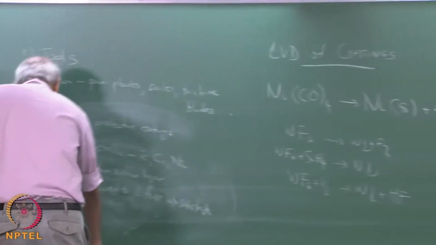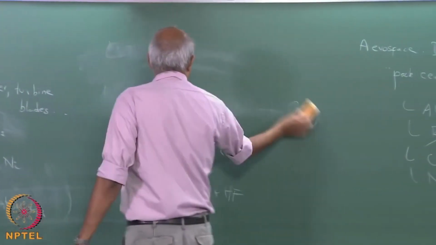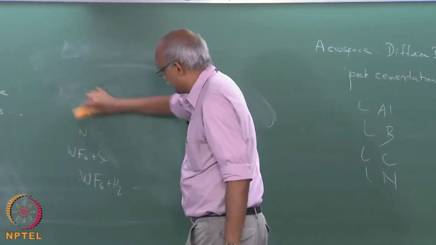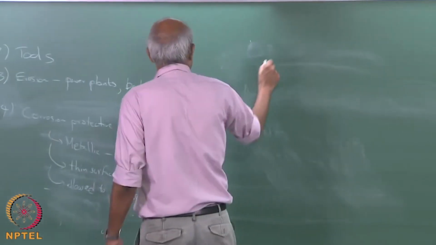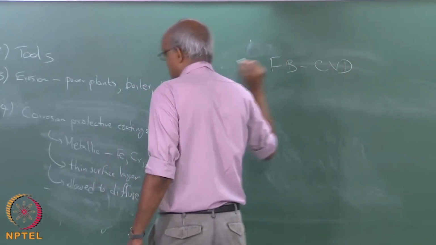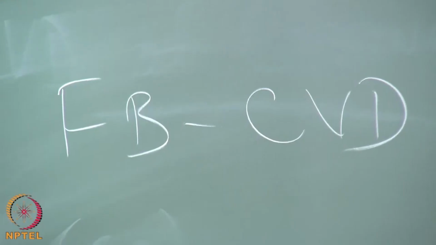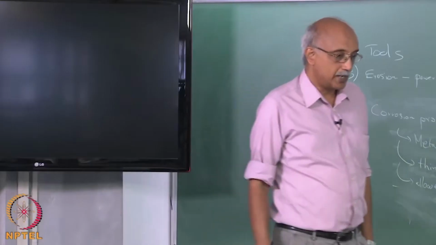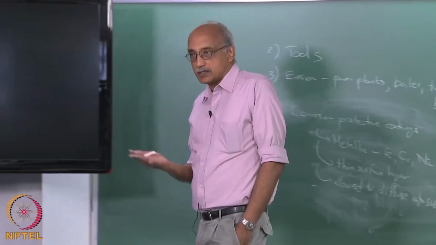So, the process that is used in this case is one that blends a very classical chemical engineering process, which is fluid beds, with CVD. So, it is called fluidized bed CVD, and the way this works is you prepare a bed of the coating material and fluidize it.